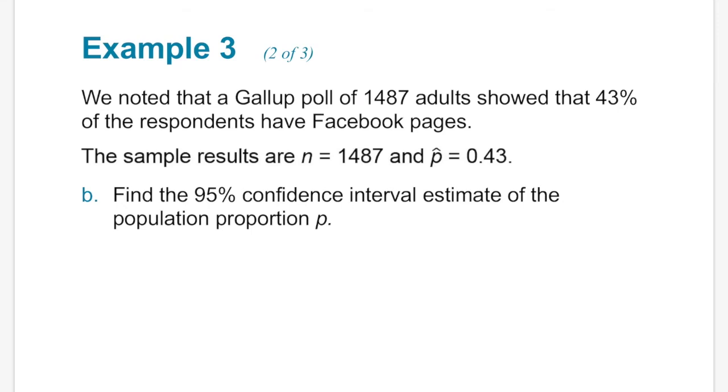B. Find a 95% confidence interval estimate of the population proportion p. The confidence interval was found by taking p hat minus E, that is the lower limit, and p hat plus E, that is the upper limit. I have p hat is 0.43. E was found in question A. All I'm going to do is plug it in.